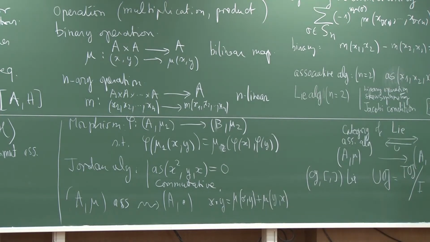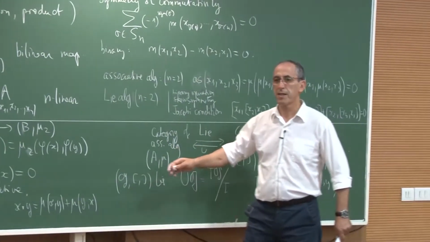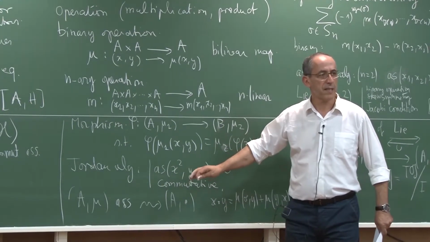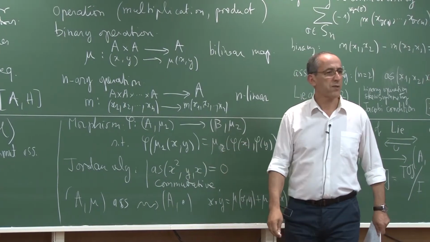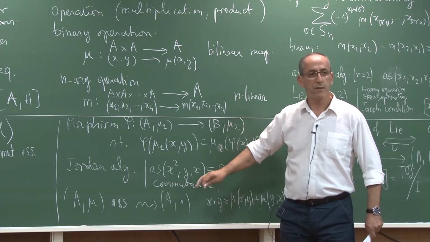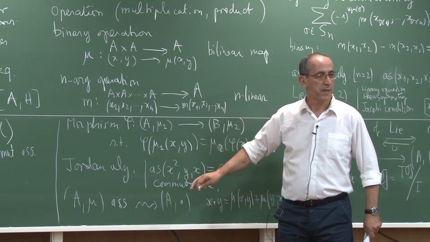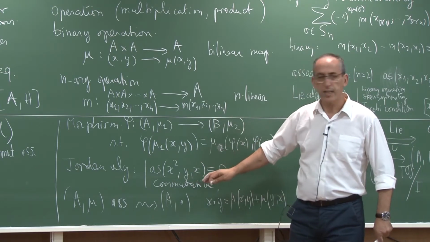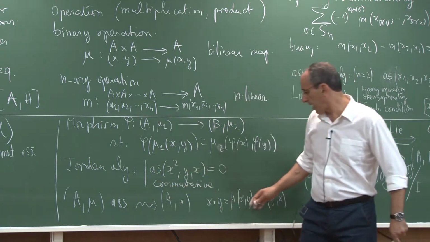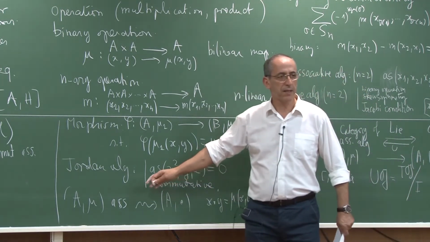Physicists, of course, very often use Lie algebras or associative algebras, but some physicists also think that Jordan algebras may play a very important role, especially the exceptional algebra, because not every Jordan algebra can be given by an associative algebra.